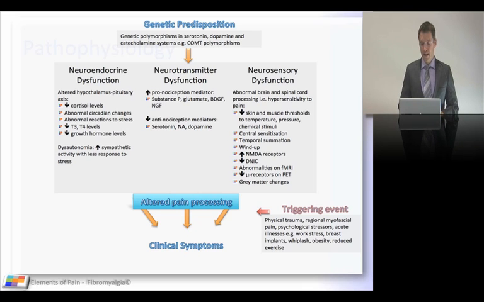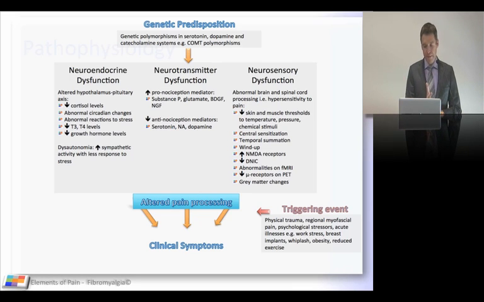Functional imaging, a number of studies looking at functional imaging and how it changes in patients with fibromyalgia, and how they process pain is changed in these patients. Some studies have shown reductions in mu opioid receptors on PET scans, and even some studies have considered that there are some grey matter changes that occur in these patients.